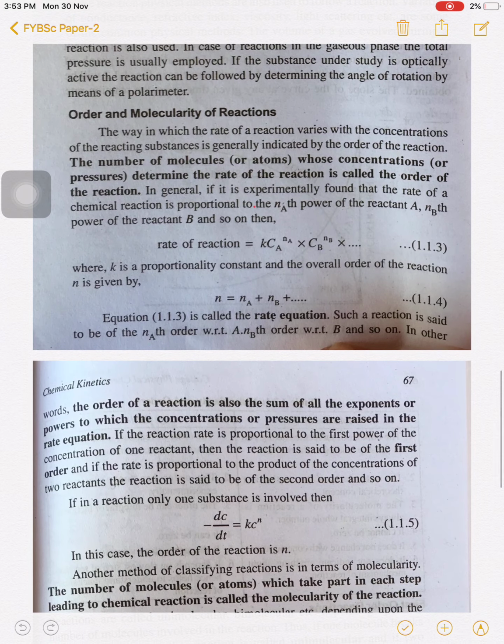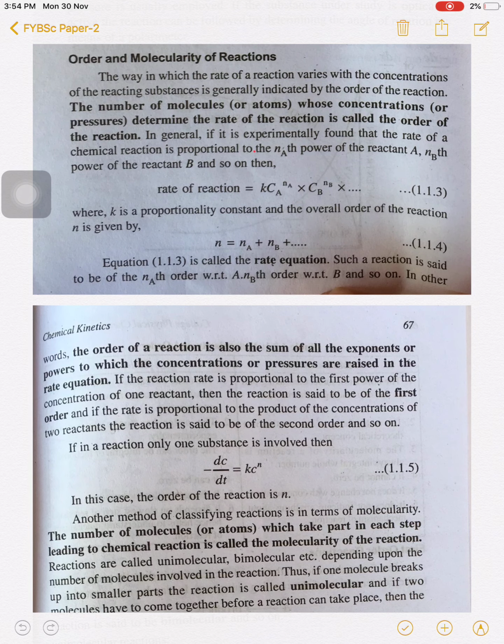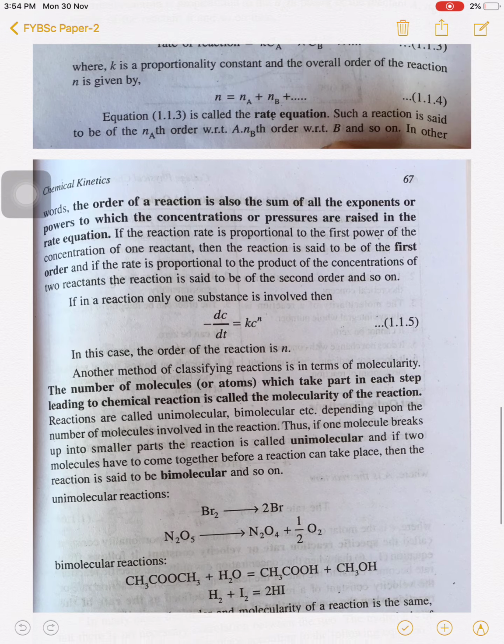So what is meant by order and molecularity? The order of reaction is the number of molecules whose concentration changes during the reaction, and molecularity is the number of molecules which take part in the reaction and lead to the chemical reaction.